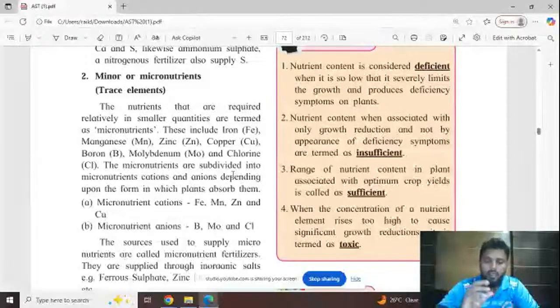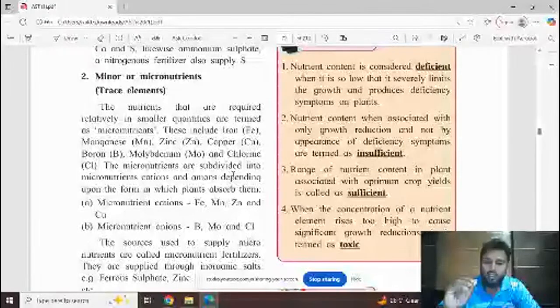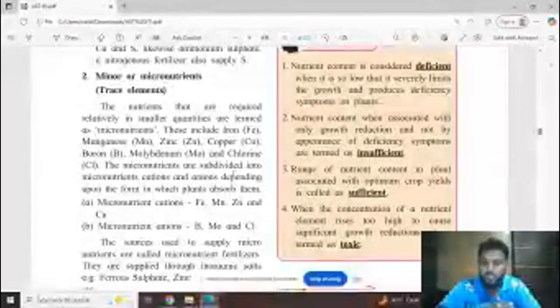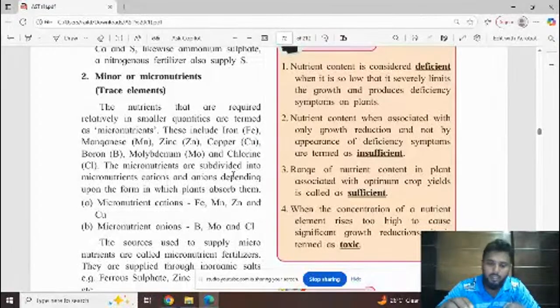Depending upon these fertilizers, the quantity is fixed. For example, I told that 100 kg of nitrogen is required for 1 hectare area of paddy. So urea applied is 217 kg. When we apply 217 kg of urea, the soil or the plants are going to get 100 kg of nitrogen.